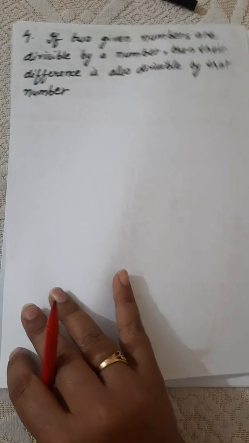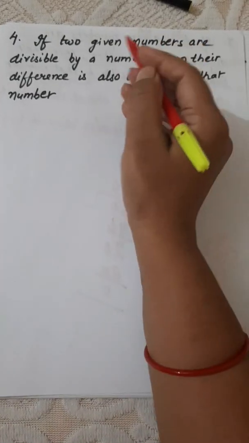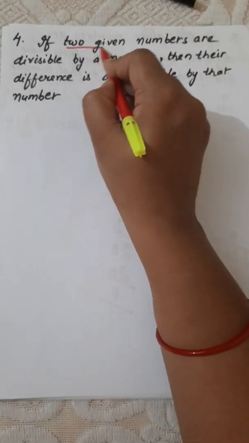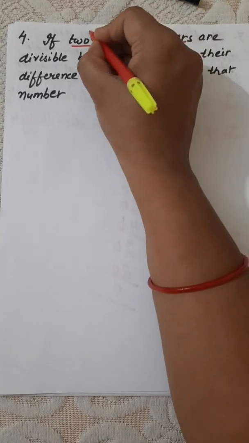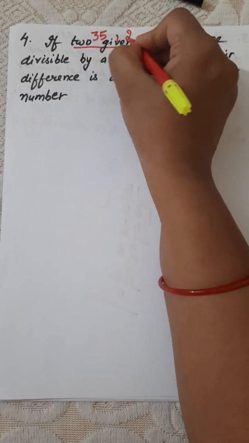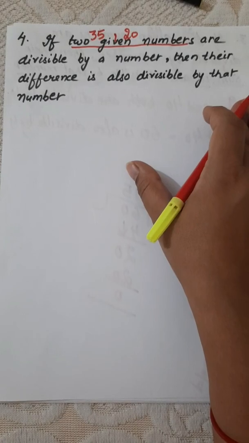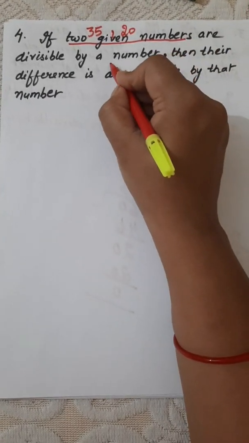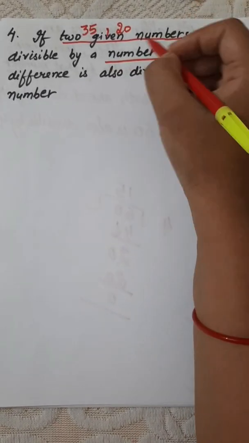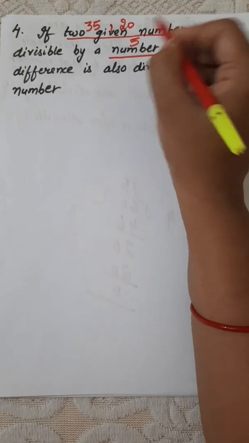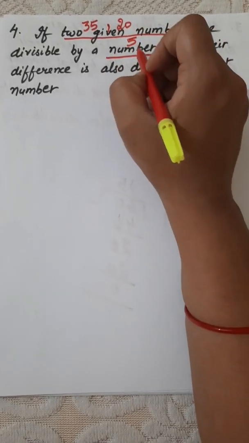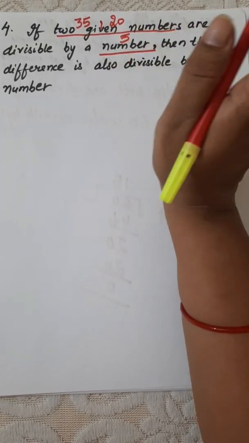Now the fourth divisibility rule is, if two given numbers, we can take any two numbers, let's take 35 and 20, both are divisible by a number. So we have 5, as 35 is divisible by 5 and 20 is divisible by 5.